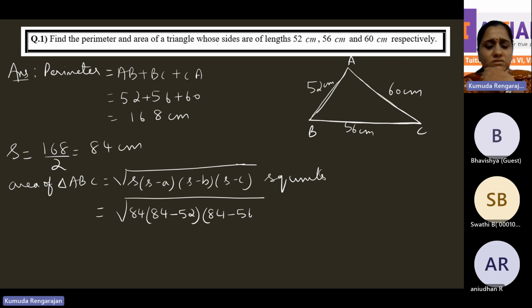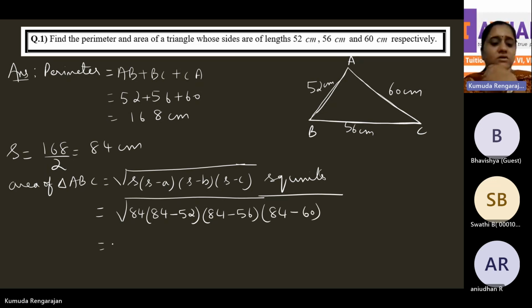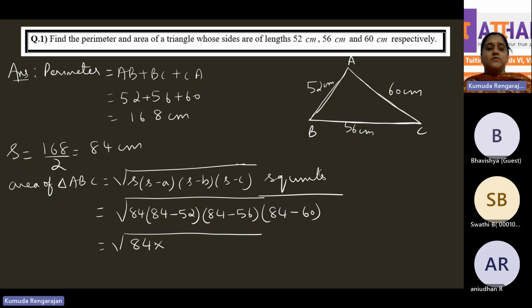Square root of 84 into, what is 84 minus 52? 32, okay.